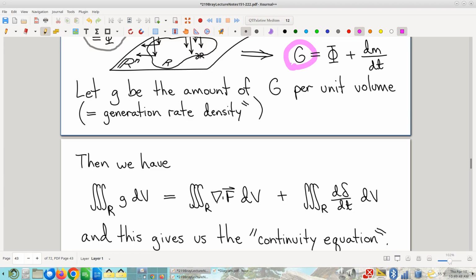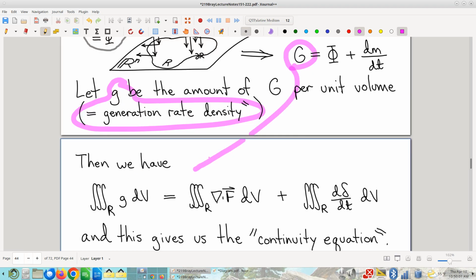None of the generation is happening where the LED isn't. So there's going to be what I'm going to call a generation rate density, and the total G is an integral of that rate density. It's just a matter of, again, the whole is the sum of the parts. Okay.